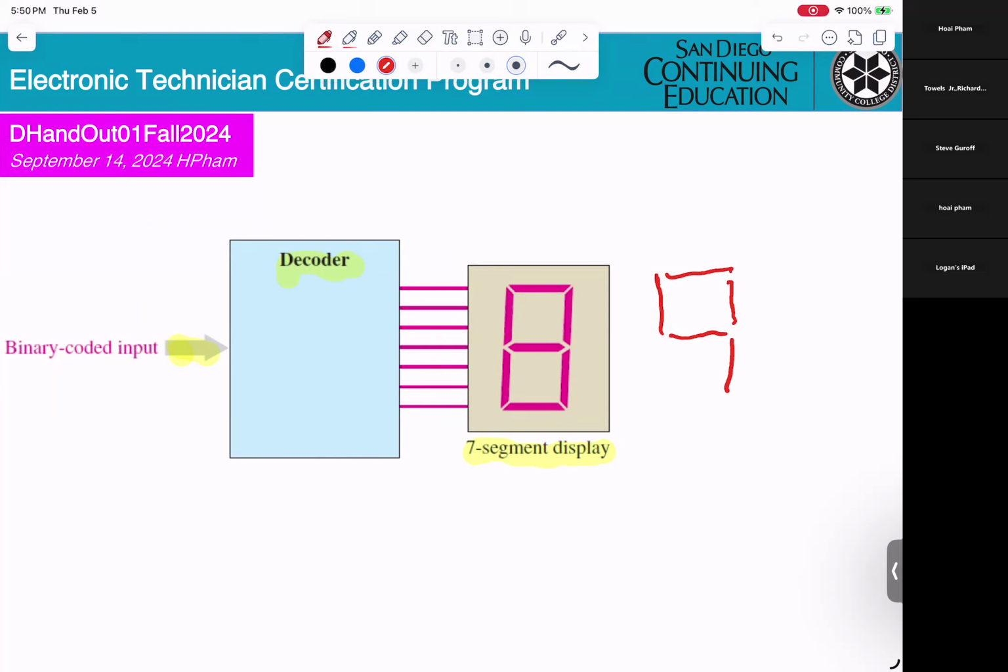Or if you typing a letter A, then they can display that one. That's A. So they need a decoder to convert it. When you go into the little more into the program detail, you can see one IC. That means one part for decoder.